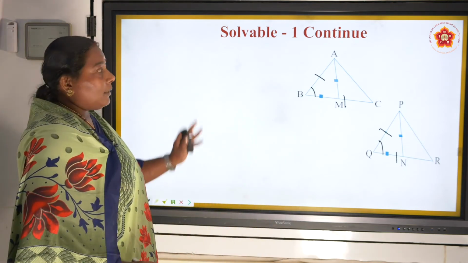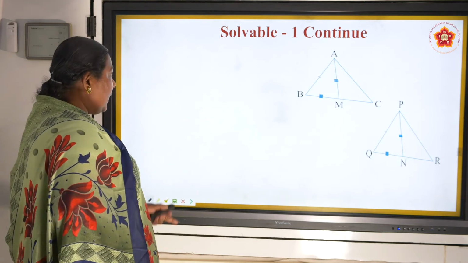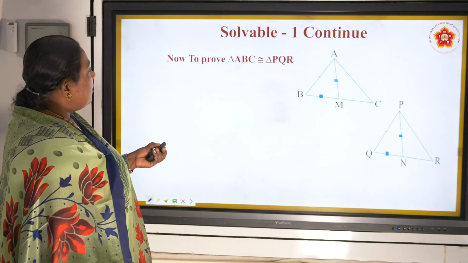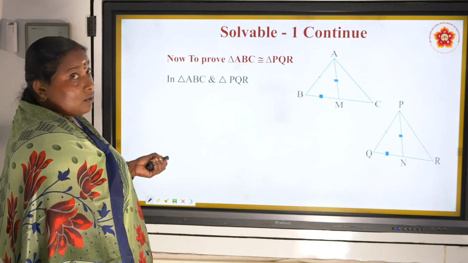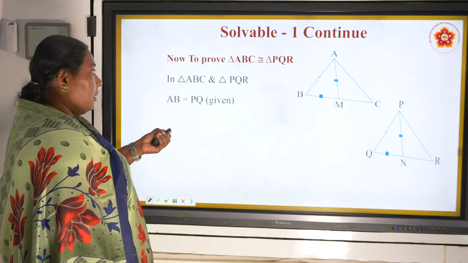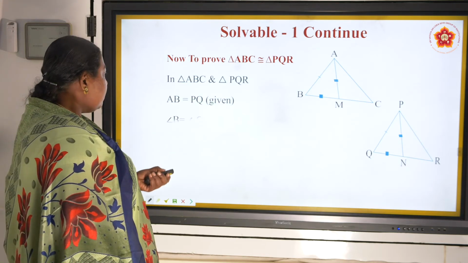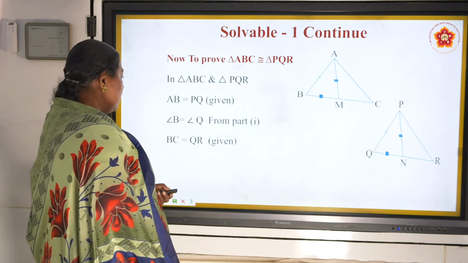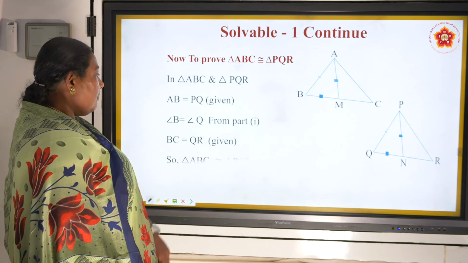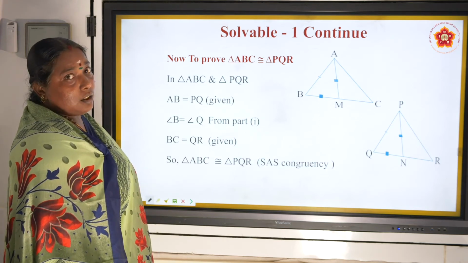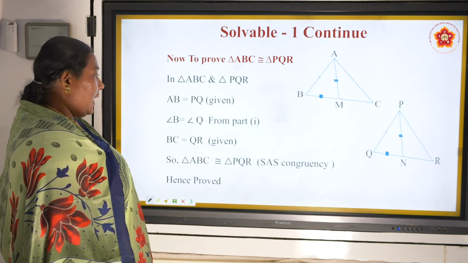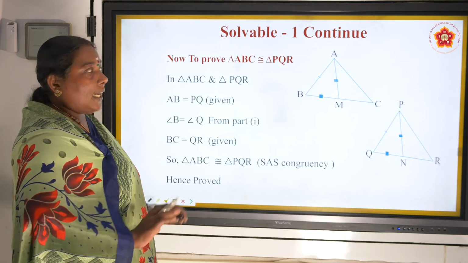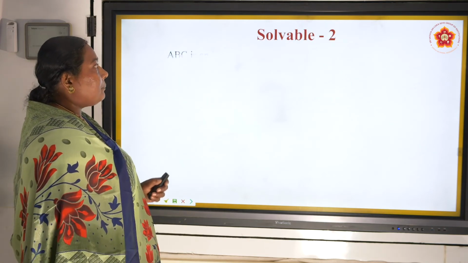Now ABC congruent to PQR is what I have to prove. AB is equal to PQ, already given. Angle B is equal to Q, that is what I have found. Next, BC is equal to QR. By SAS congruency, both the triangles are congruent, hence proved.